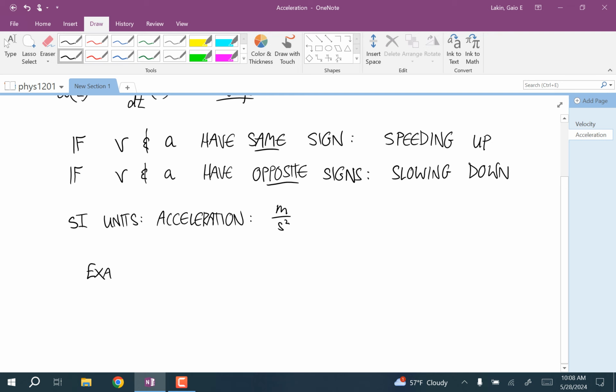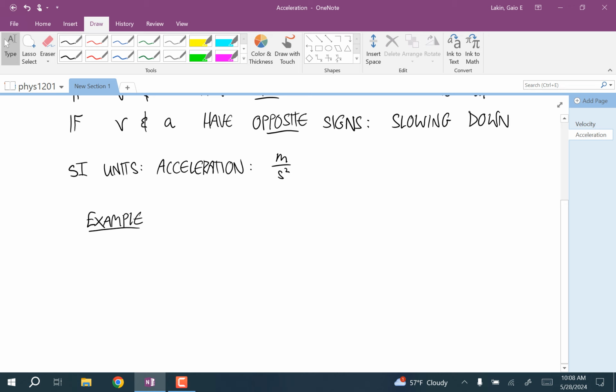So first, let's say that we know that the position as a function of time is equal to negative 10t plus 2t squared. Okay?